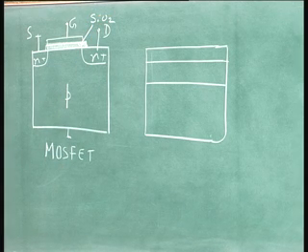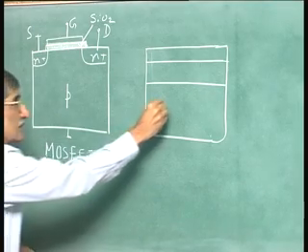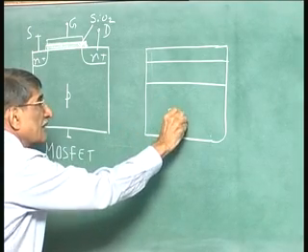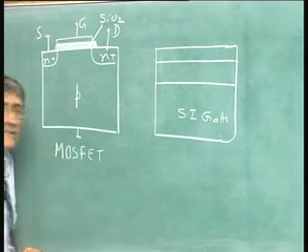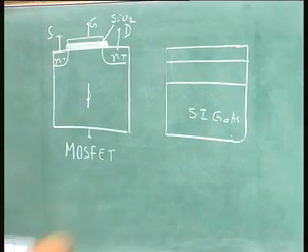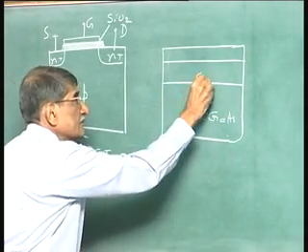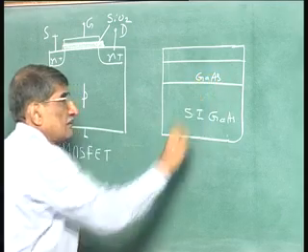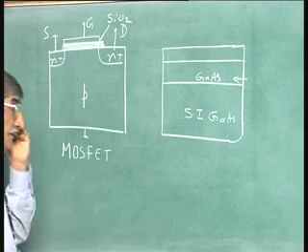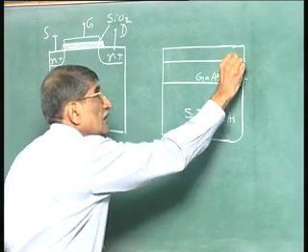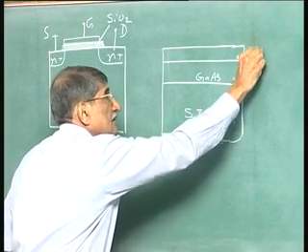In the case of HEMT, what do you have? You have a semi-insulating gallium arsenide. I am referring to gallium arsenide because this is the device that we are talking about right now. Then undoped gallium arsenide, undoped, okay. And on the top of that you have this AlGaAs.